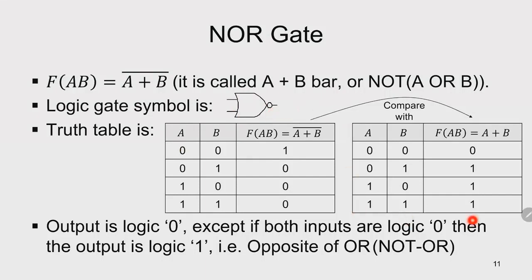This is the truth table of our OR gate, and then the NOR gate is the inverse of that. So when we have a 0, it will be 1. If it's a 1, it will be 0. Here, the output is logic 0 most of the time, except when both the inputs are 0. Then we have a logic 1 at the output.